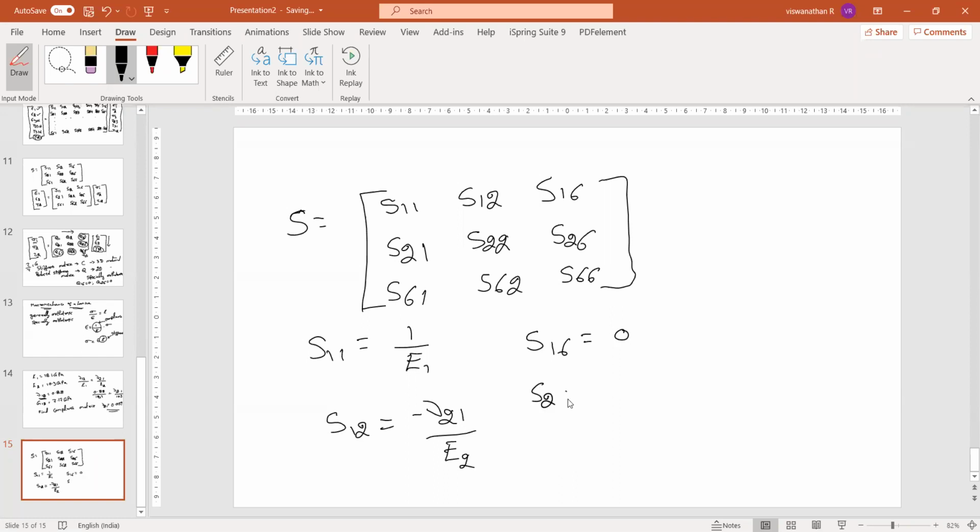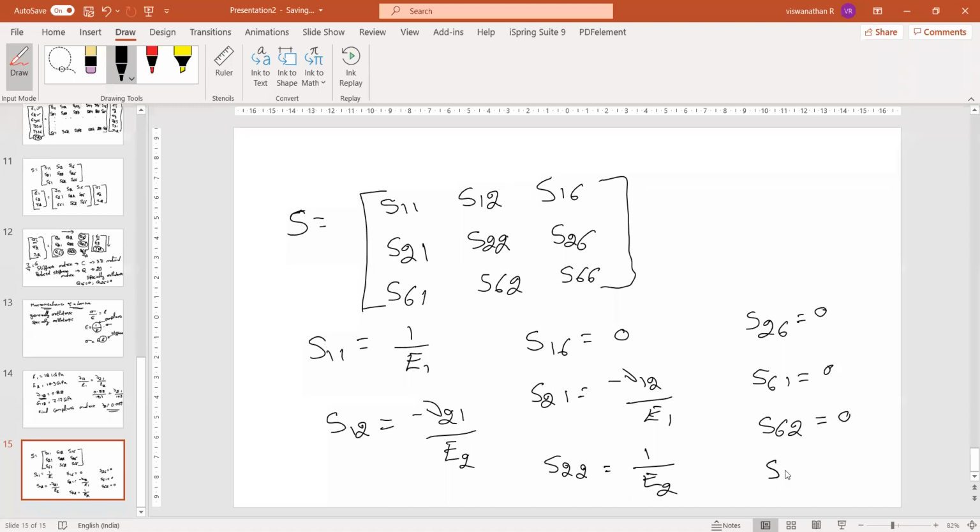What is S21? Minus nu12 by E1. What is S22? 1 divided by E2. S26 is 0, S61 is 0, S62 is 0. S66 is what? 1 divided by G12.